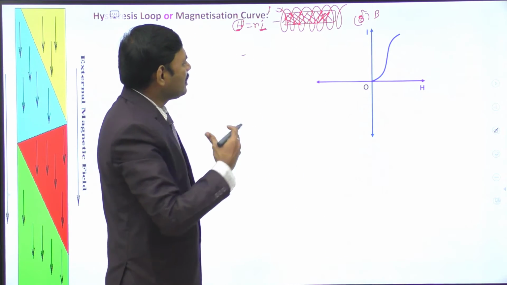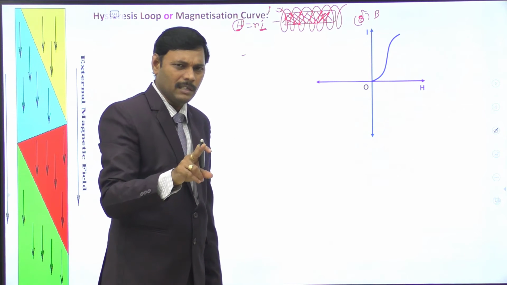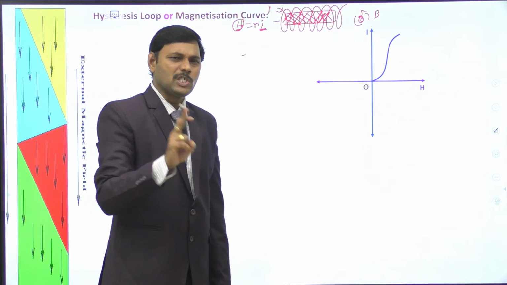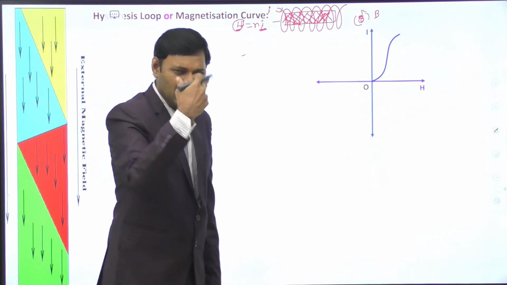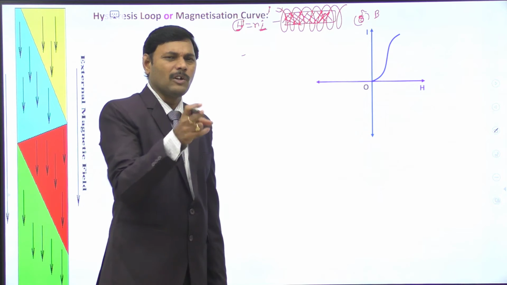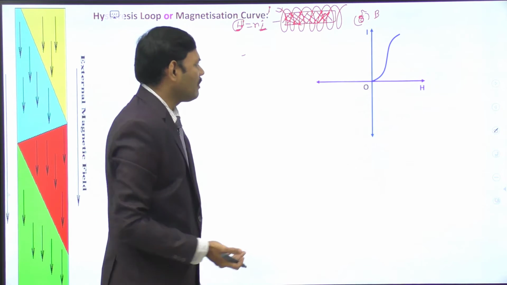Once all the domains get oriented along the direction of H, there is no possibility to get an extra value beyond that. So that is said to be the saturation value. The value of I at which all the domains get oriented along the applied H is the saturation value.